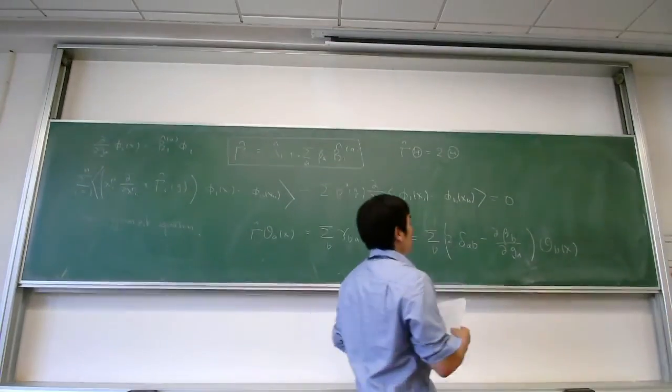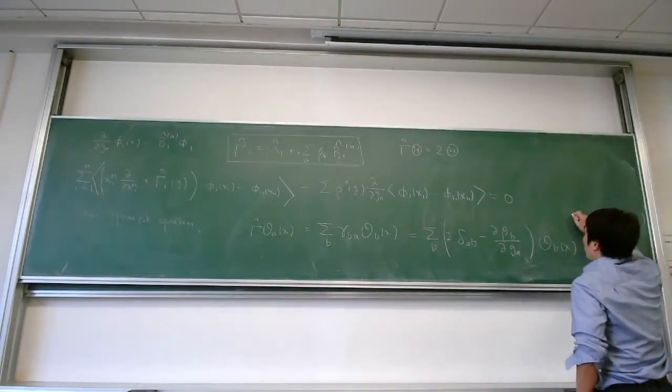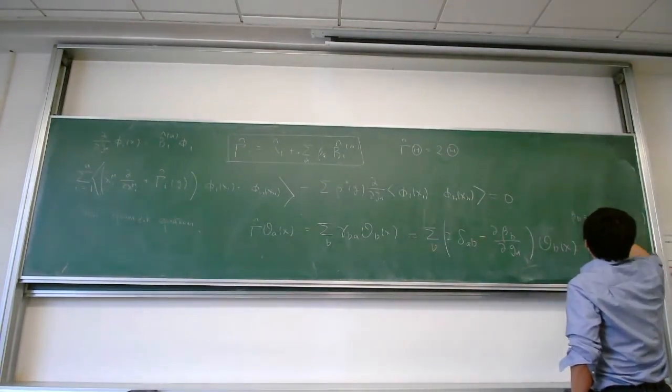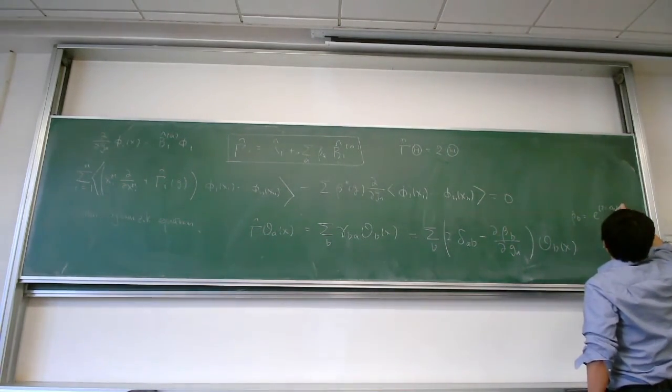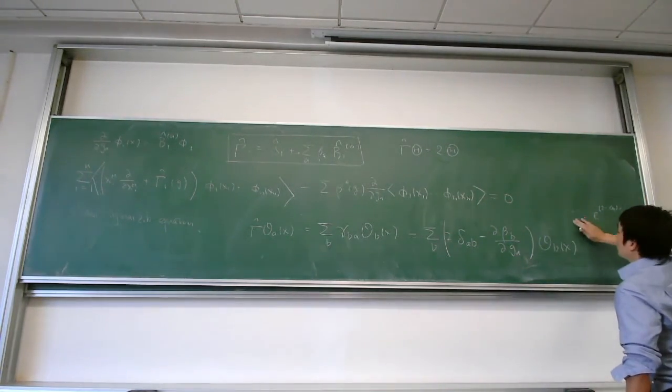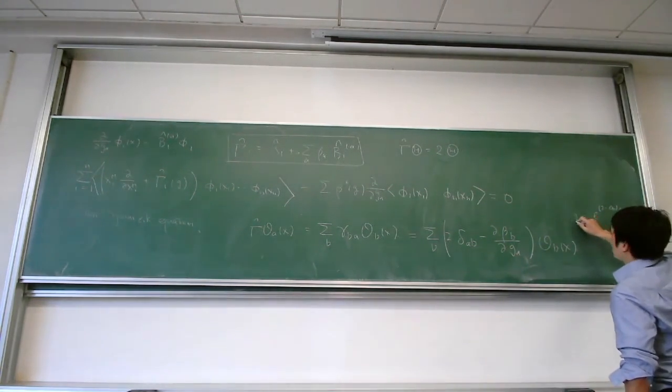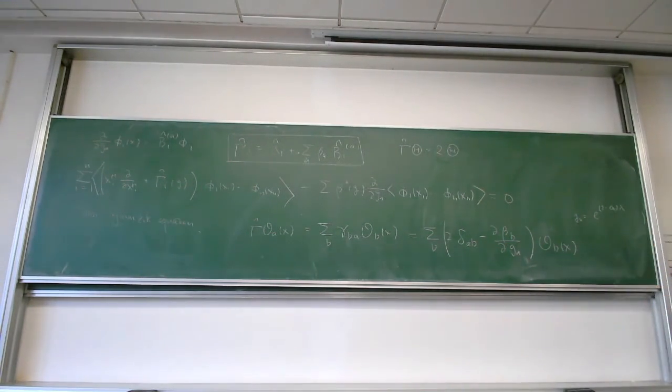But if you assume beta A, beta B is equal to e to the 2 minus delta B lambda or GA. Oh yeah, GA. Lambda. Sorry, did I make some mistake here?